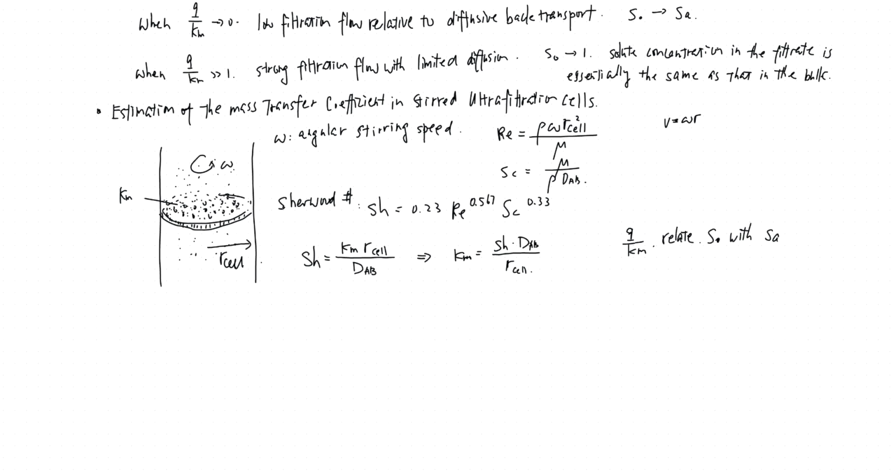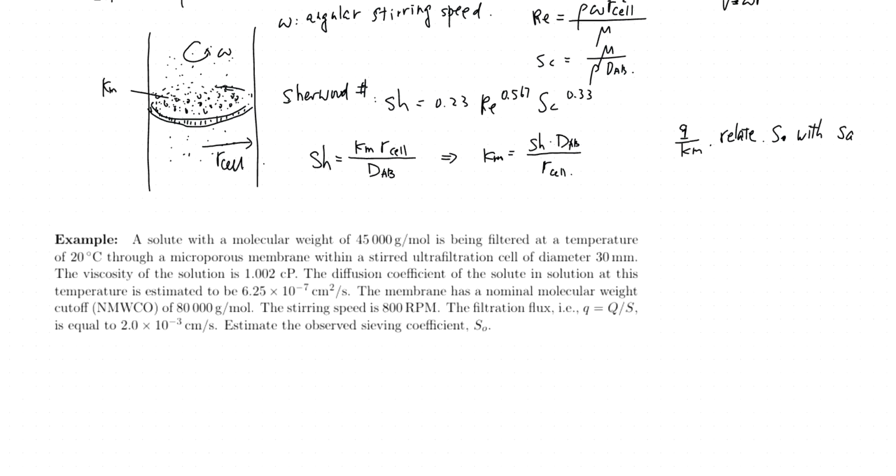Let's look at the example. So this is our example. A solute with a given molecular weight is being filtered at a given temperature through a microporous membrane within a stirred ultrafiltration cell of diameter 13 millimeter.